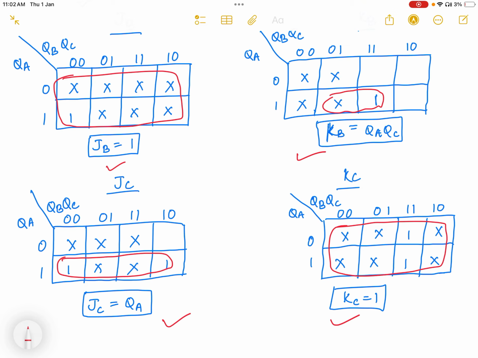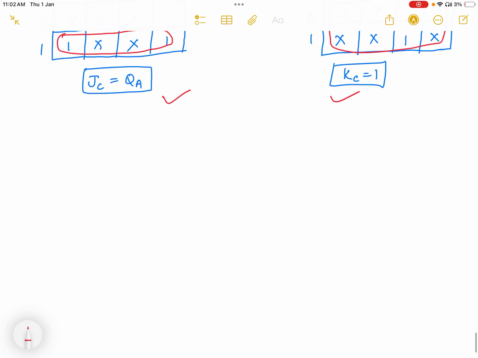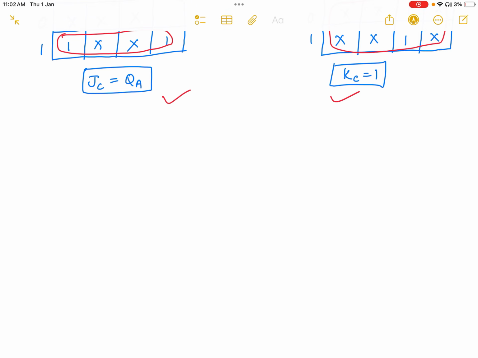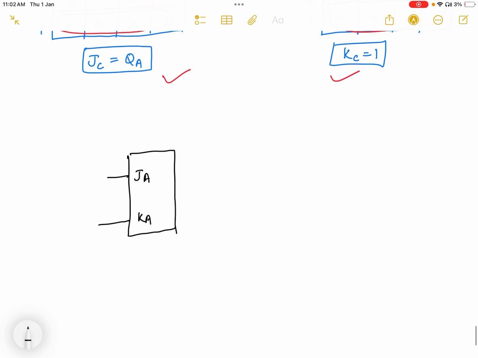Once you have the relationships, you need to draw the logic circuit. I said I am using three JK flip-flops, so I'll draw them like this. Let this be the first flip-flop with inputs JA and KA, and the outputs QA and QA bar.